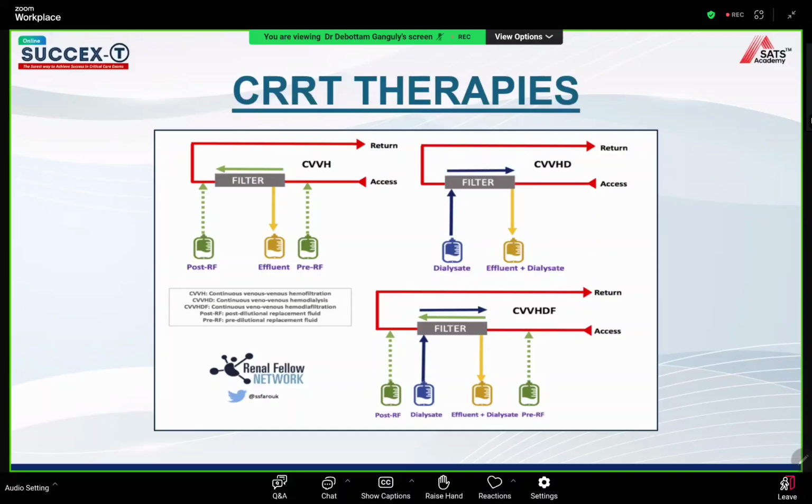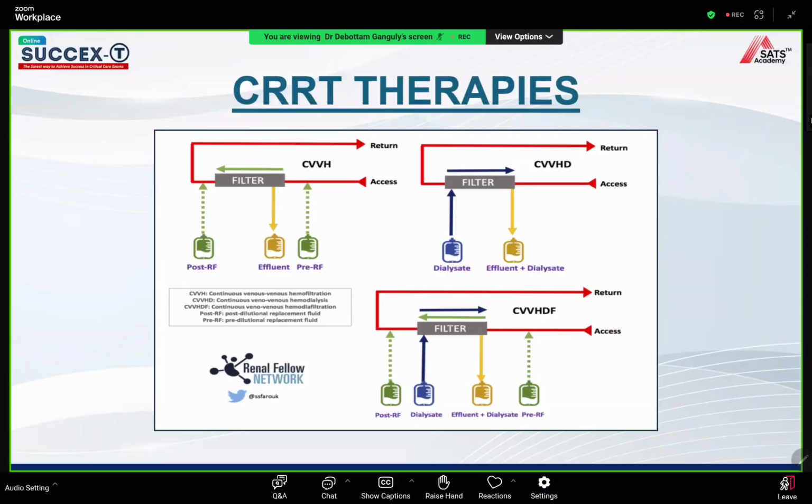If we go through this procedure only, blood comes from the patient's body, goes through the filter and returns back to the patient. The remnant product through the filter, the filtered product, is only liquid, only water. This is used for volume overload. This is known as ultrafiltration, slow continuous ultrafiltration or SCUF.